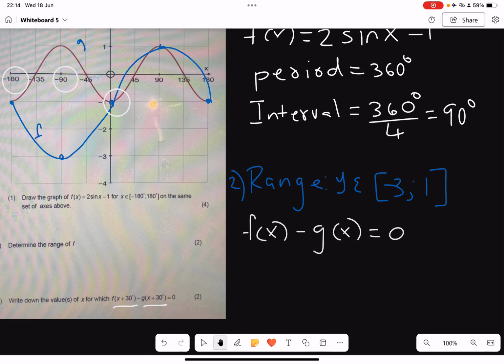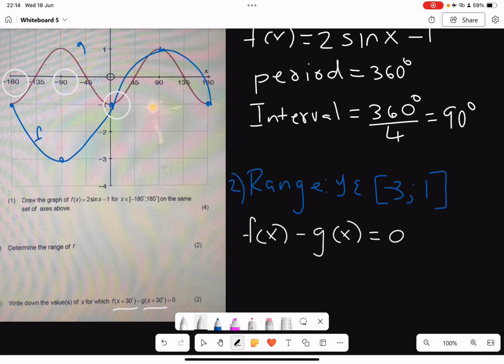There it's x equals 0. And then the fifth point will be at x equals 90. That's where they are equal. Then the last point will be here, right? So now I can see that all those points where they are equal, I need to move them 30 to the left. So I'm going to minus 30 on each and every one.